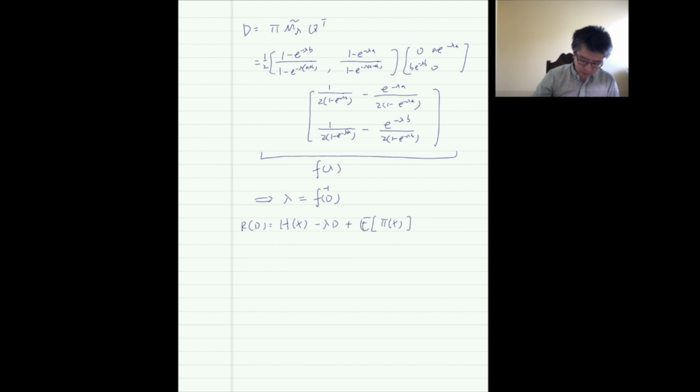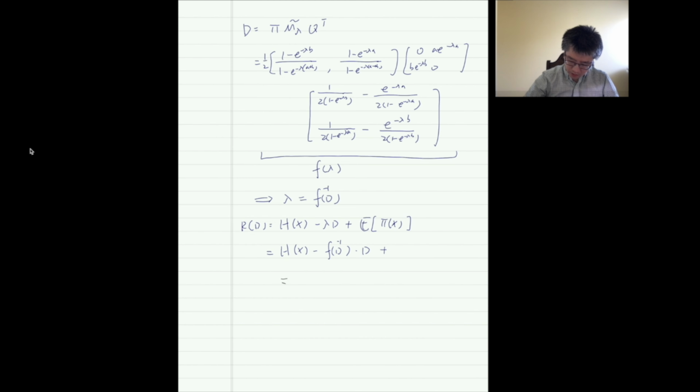Here we can write everything in terms of lambda, which is f inverse of d, so write this as f inverse of d times d plus the expectation of pi x. We know pi x is given by this, therefore we can compute the expectation of pi x.